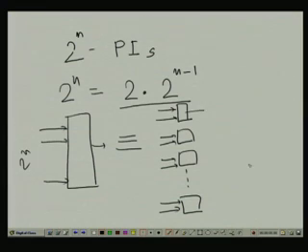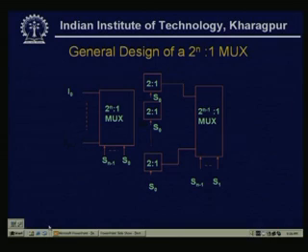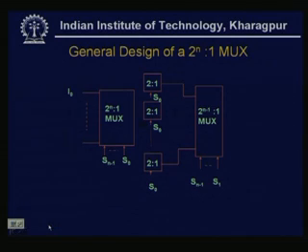Now, in the next step, that 2 to the power n minus 1 can be written as 2 into 2 to the power n minus 2. In that way I can replace the circuits. Here the 2 to the power n primary inputs are replaced by 2 to the power n minus 1 number of 2 to 1 multiplexers.